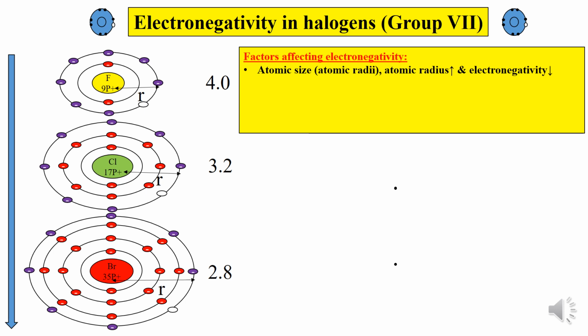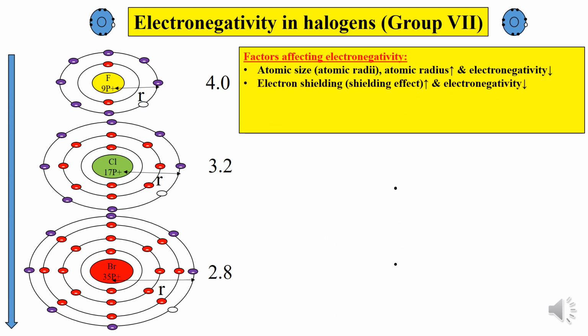As the distance between the nucleus and the outermost shell increases, it decreases the electrostatic force of attraction between the positively charged protons and the negatively charged valence electrons. So the nucleus is losing its hold on the valence electrons as you go down the group. As a result, the electronegativity decreases.